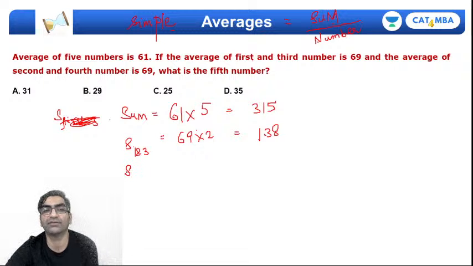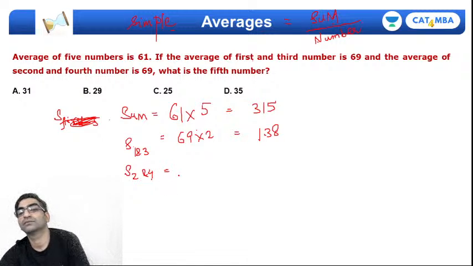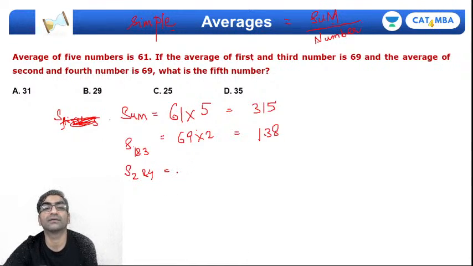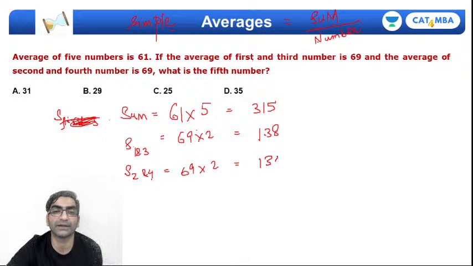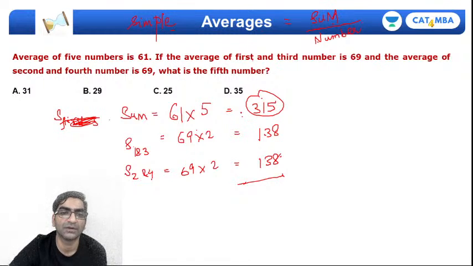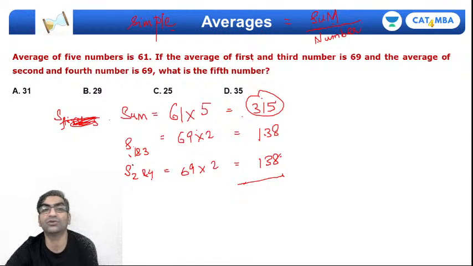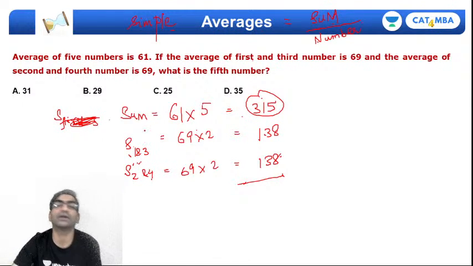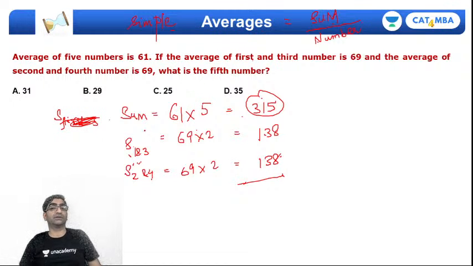And the total of the second and the fourth should also be 69 into 2, that's 138. So for 1 and 3 and 2 and 4, you get equal values.